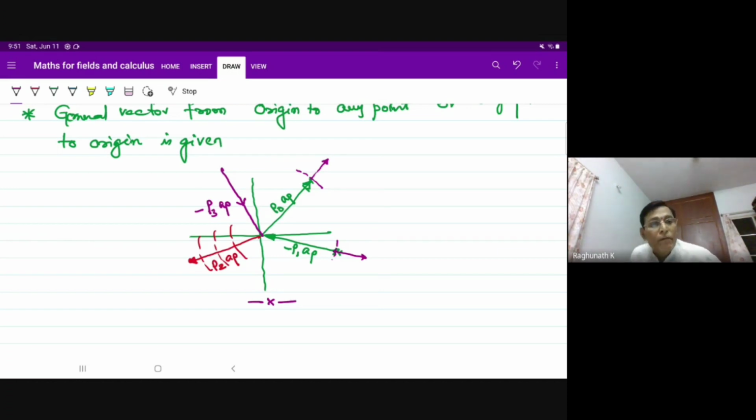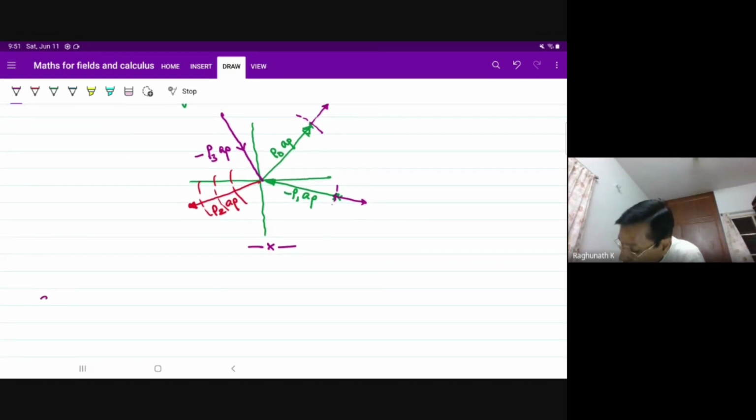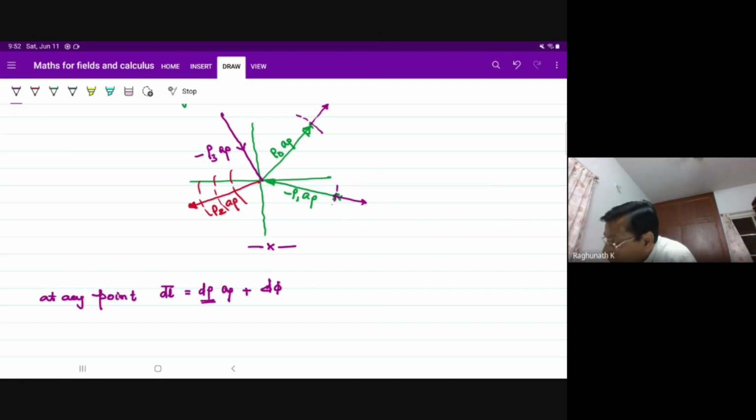Having defined the vector at any point, dl bar is equal to what? d rho a rho plus d phi a phi. d rho is in meter, a rho is a unit vector, d phi is in meter.